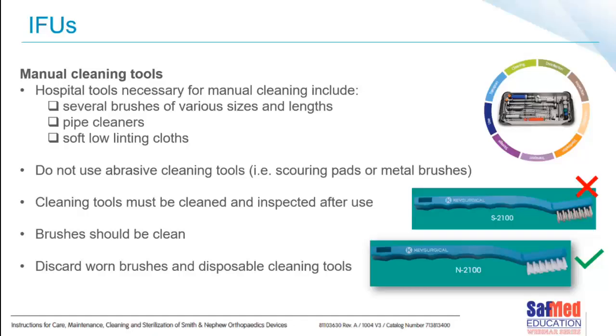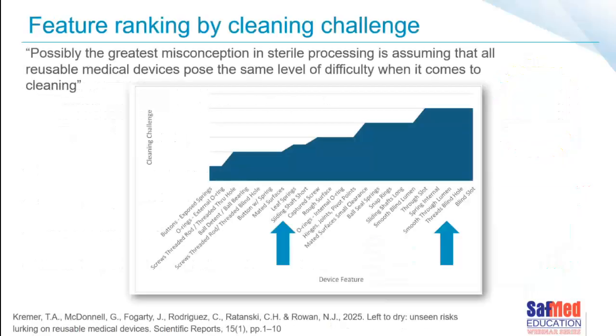It says cleaning tools must be cleaned and inspected after use. And it said brushes should be clean. It said discard worn brushes and disposable cleaning tools. So clearly in the instructions for use from the manufacturer, this is what you need. Important to follow those instructions, is it not?